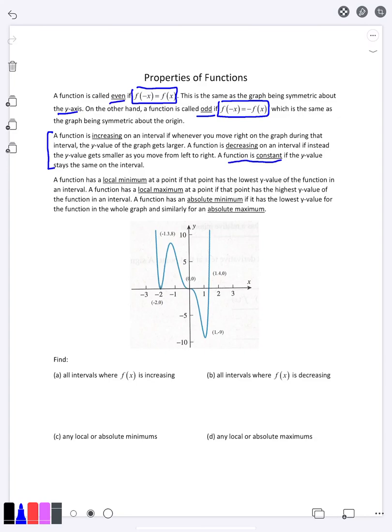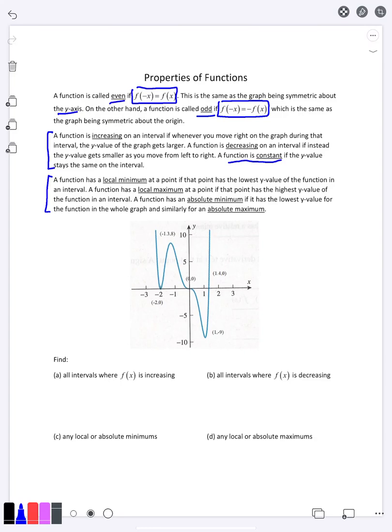Now, once we have the ideas of increasing and decreasing, we can also talk about something called minimums and maximums. Minimums are the lowest points in your graph, and maximums are the highest points on your graph. And there's two varieties of them. There's a local min, local max, or an absolute min, absolute max.